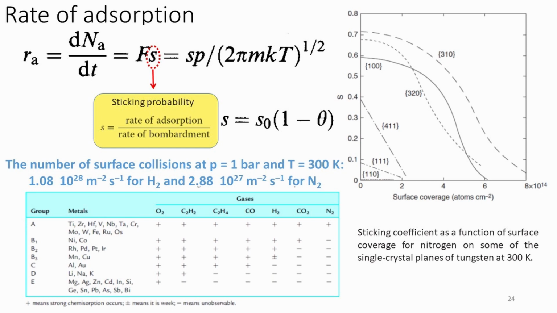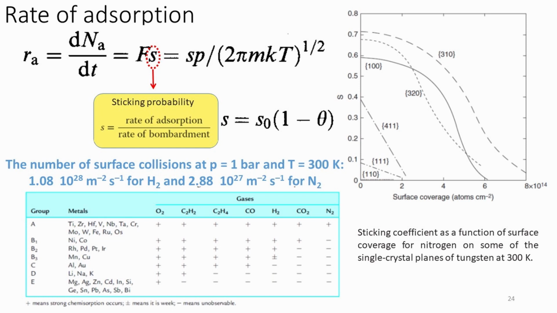However, the rate of adsorption of gas on a surface is determined by the rate of collision between the gas and the surface and by the sticking coefficient. The sticking coefficient is the ratio of the number of atoms or molecules that adsorb or stick to the surface to the total number of atoms that collide upon the surface during the same period of time.